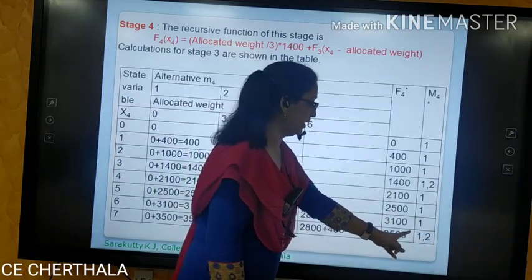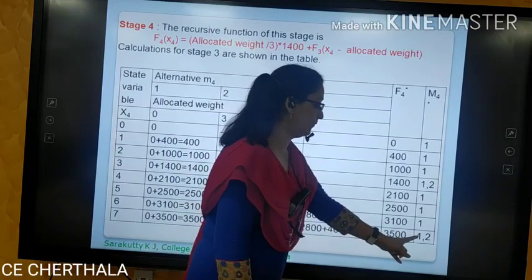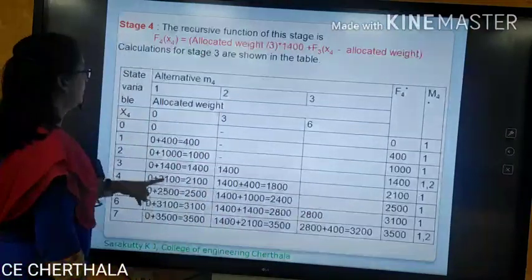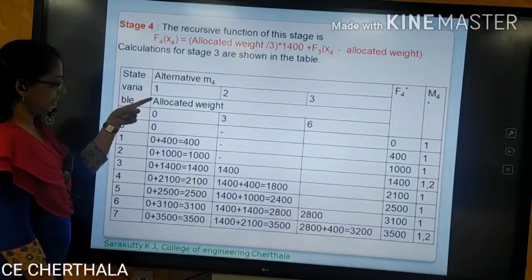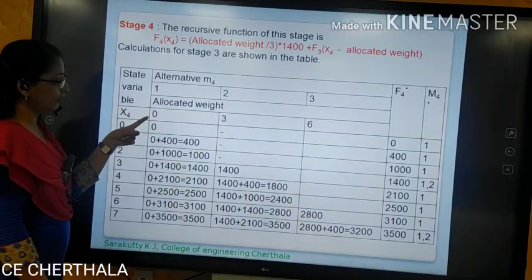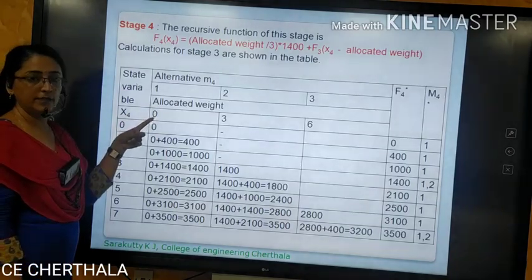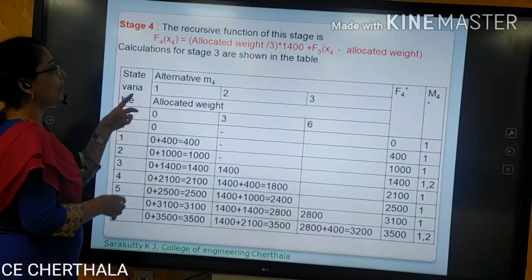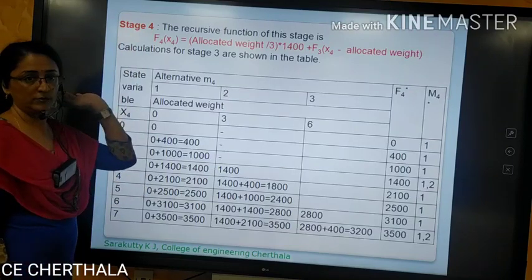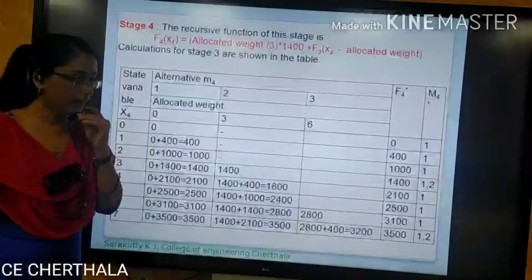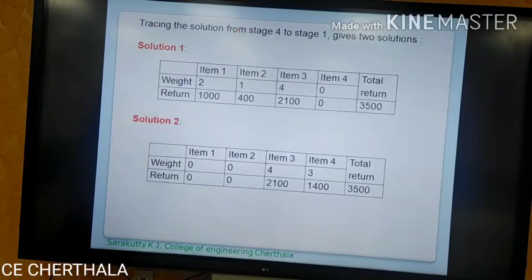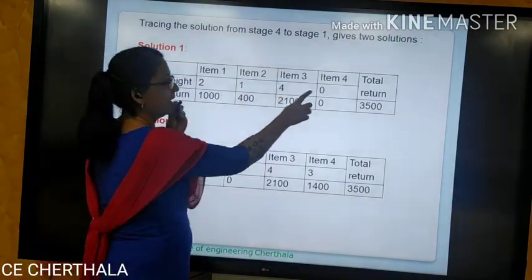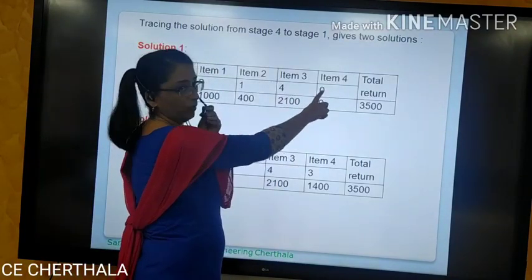First we can take the first alternative 1. If we take the first alternative, there 0 is the allocated weight. That means we don't take any unit of item number 4. So there are two solutions available. Solution 1, item number 4 is 0.